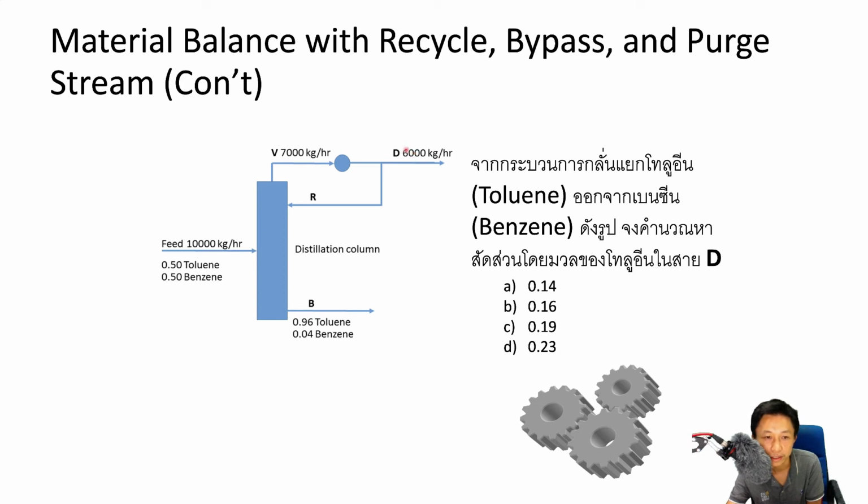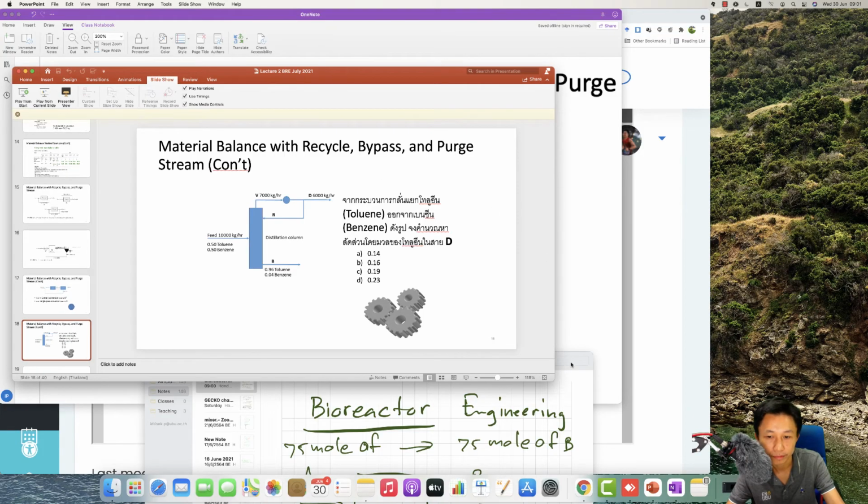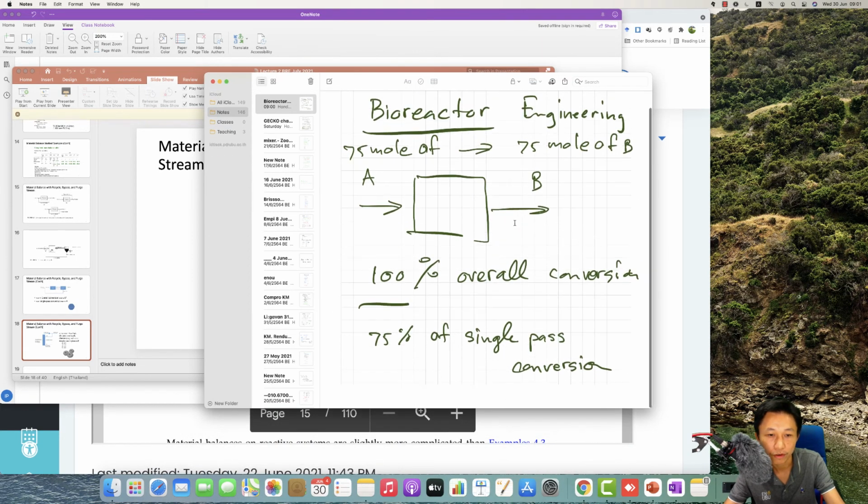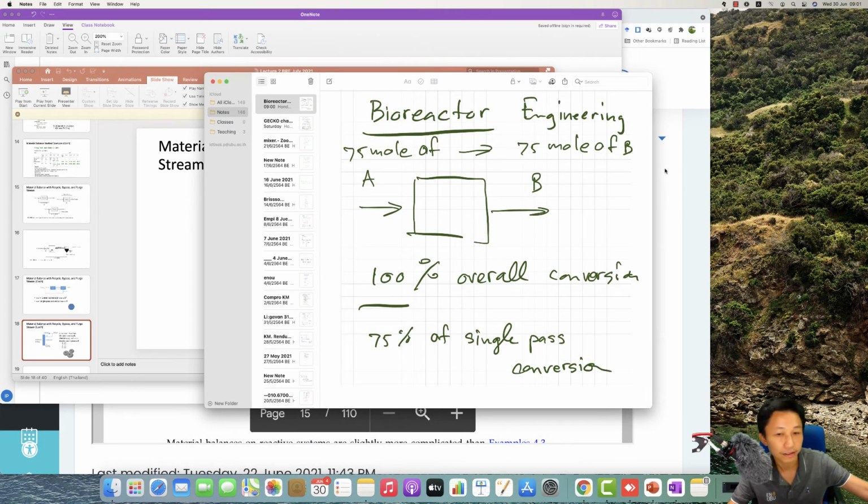First, you just draw the picture from here. It's called overall mass balance.